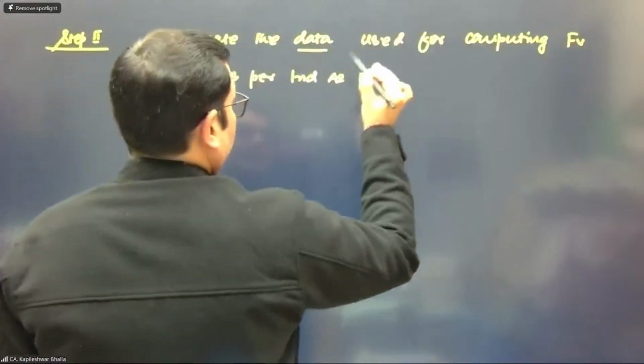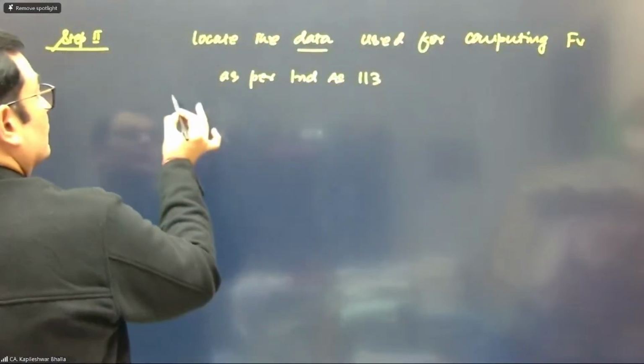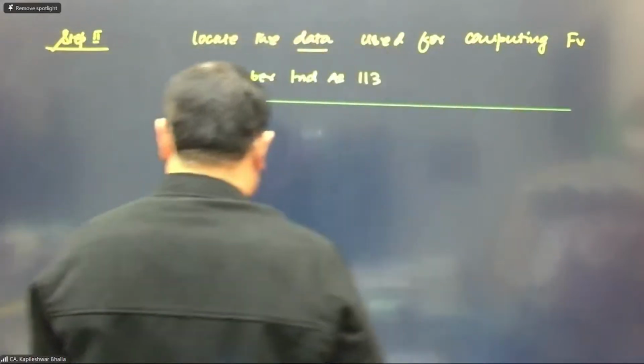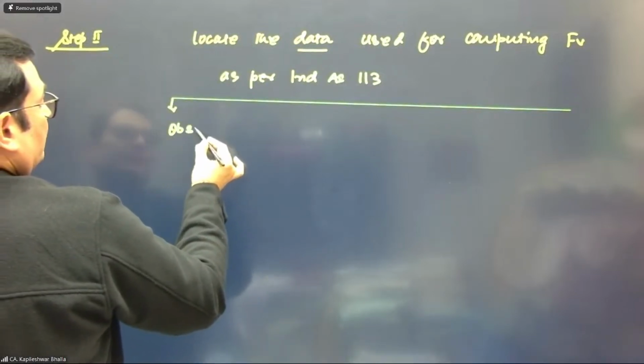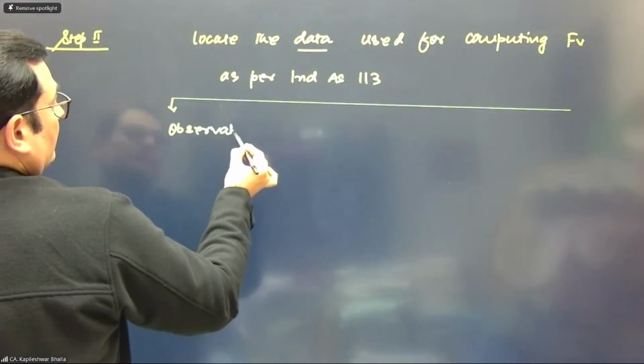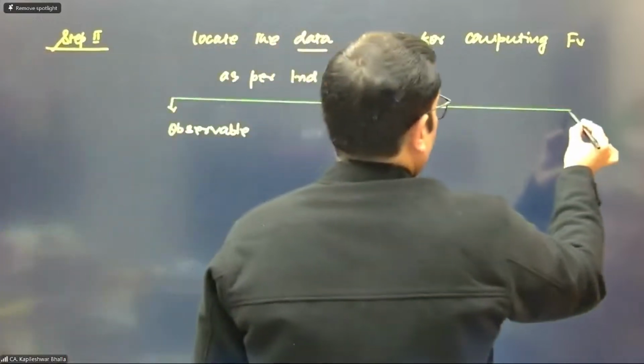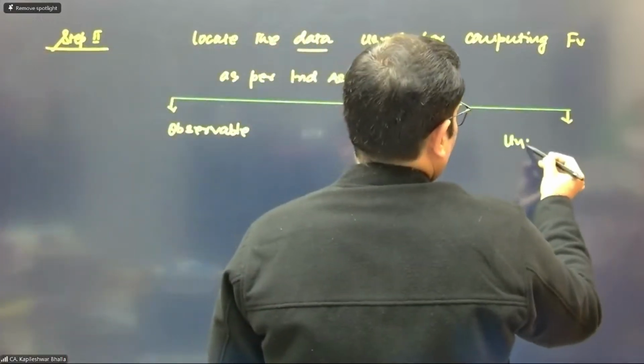And there will be two kinds of data. We can say observable or unobservable in nature. So there could be observable data, and the other one is unobservable data.